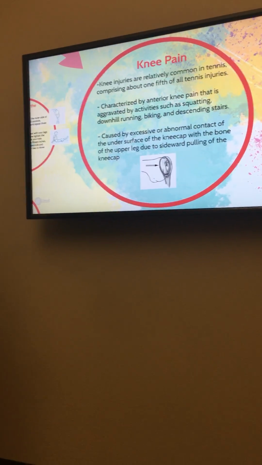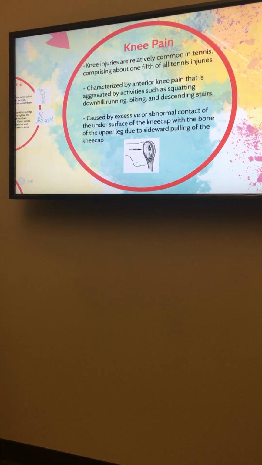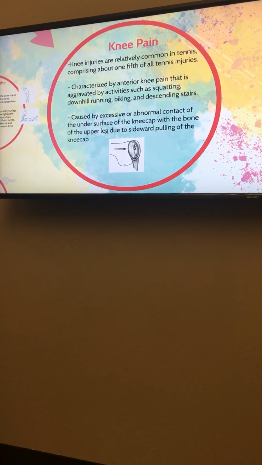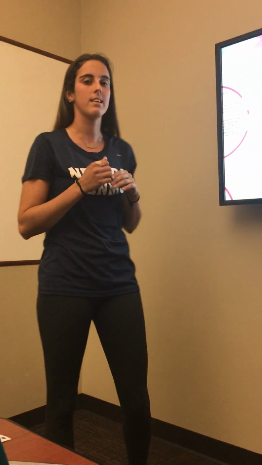After talking about tennis elbow, I'm going to talk about knee pain. Knee injuries are relatively common in tennis, and about 1/5 of all tennis players suffer this injury. It's normally characterized by anterior knee pain that is aggravated by activities such as skating, downhill running, biking, and descending stairs.